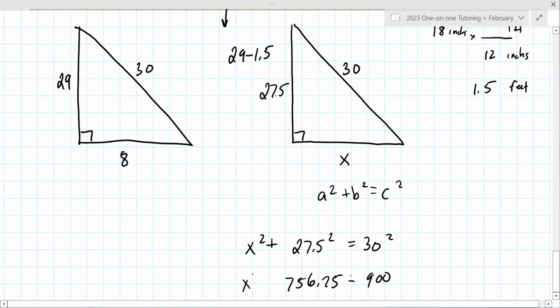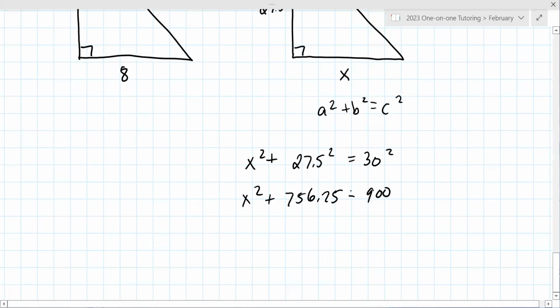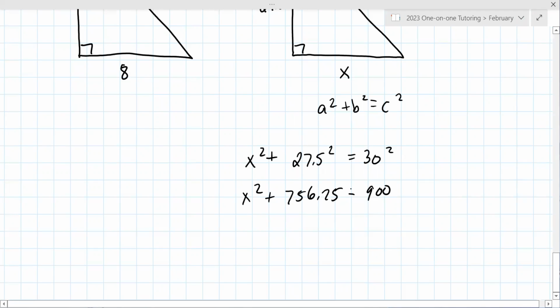Now you're going to subtract the 756.25 from both sides. Can you do that for me? 900 minus 756.25.